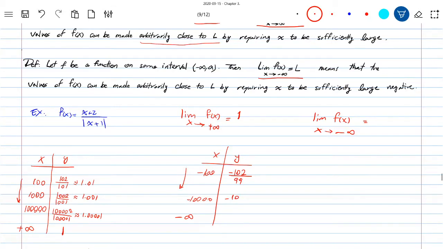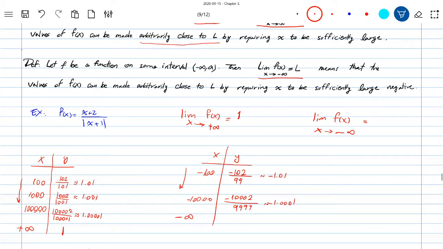You'll get negative 10,002 divided by 9,990, since there is an absolute value. So what we get is close to negative 1.01. This one is close to negative 1.001, maybe one more zero.